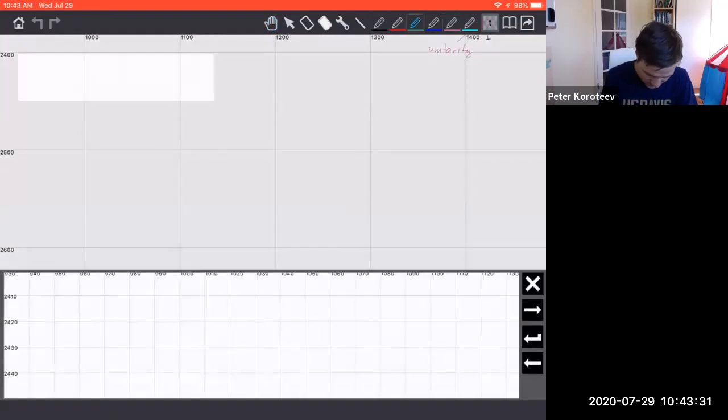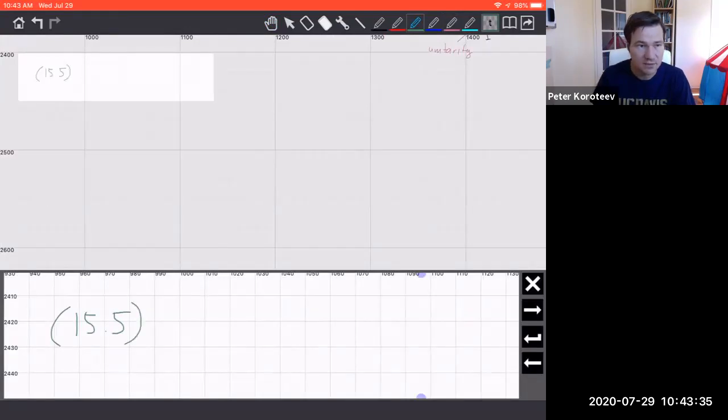Okay, so moving on, in chapter 15, we are at 15.5, which is the surface area.